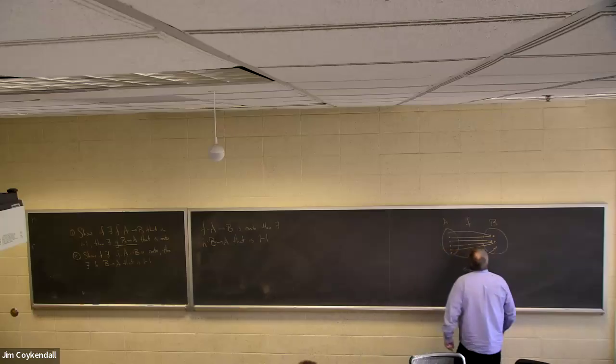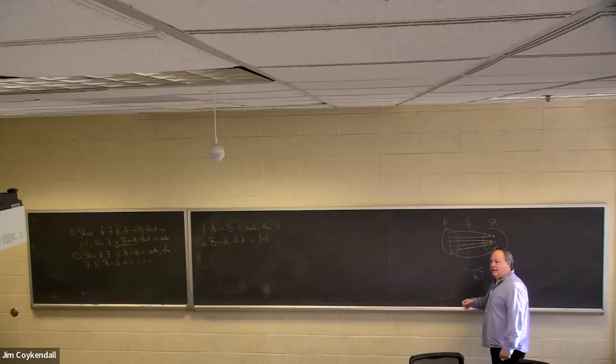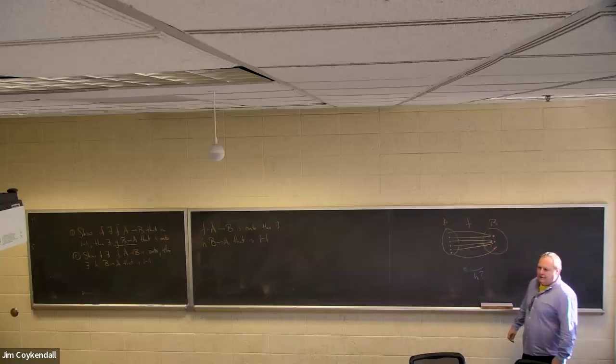That's right. I can't just flip the arrows like I did last time, right? Because then I'll be in Jim's world of pain, right? Because if you flip the arrows, what happens? My picture here is still not a function. So what do we have to do?